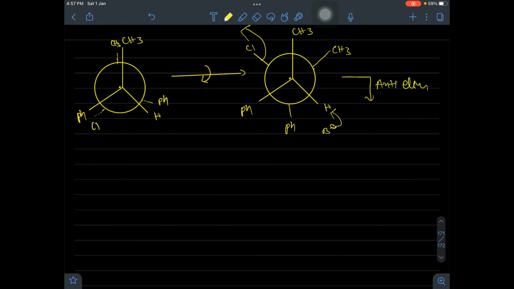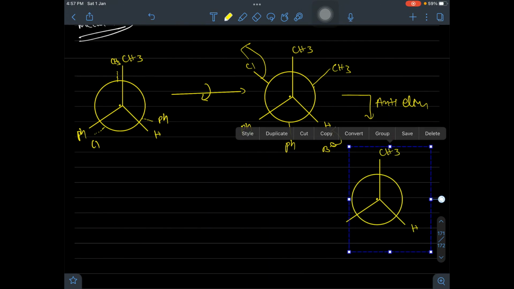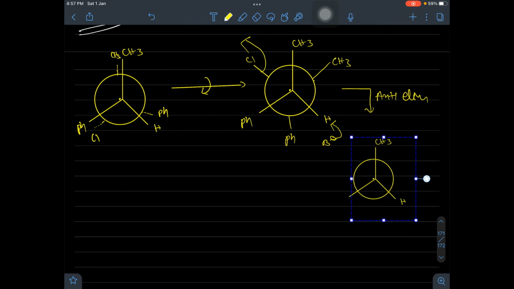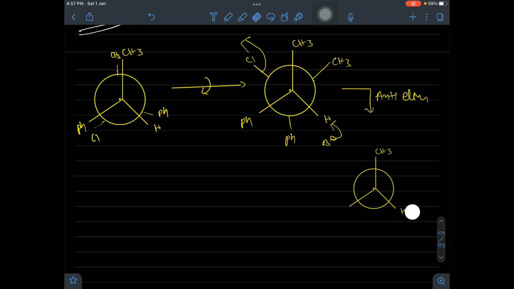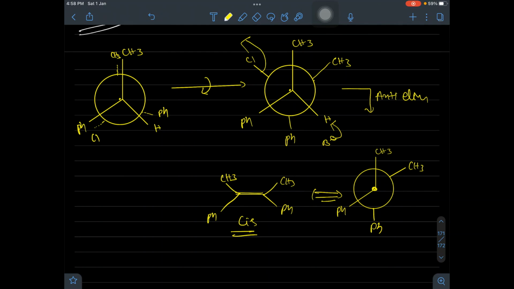So due to anti-elimination, the species exists like this. Here hydrogen disappeared, you will have pH, and here pH, and here CH3. Now between this carbon, its phenyl back carbon atom leads to formation of pH, CH3, and another one CH3, pH, double bond. It is a cis isomer formation.